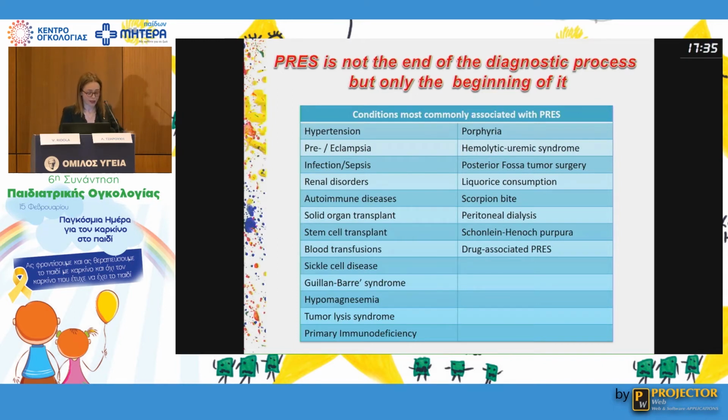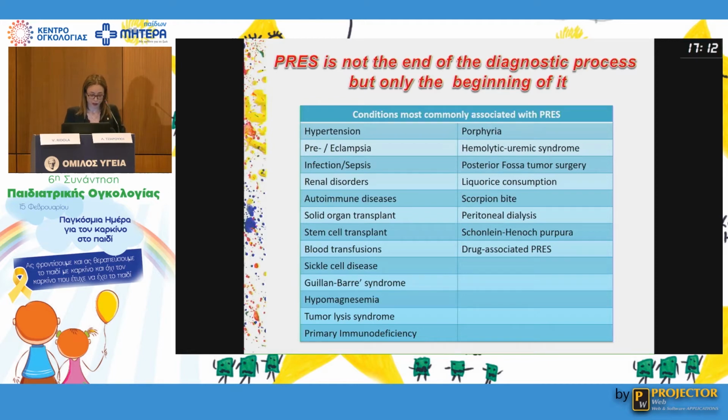Of course, as many of us know, severe hypertension is the condition that is most frequently associated, but we also have eclampsia in adults, infections, renal disorders, autoimmune disease, solid organ transplant, stem cell transplant, blood transfusion.